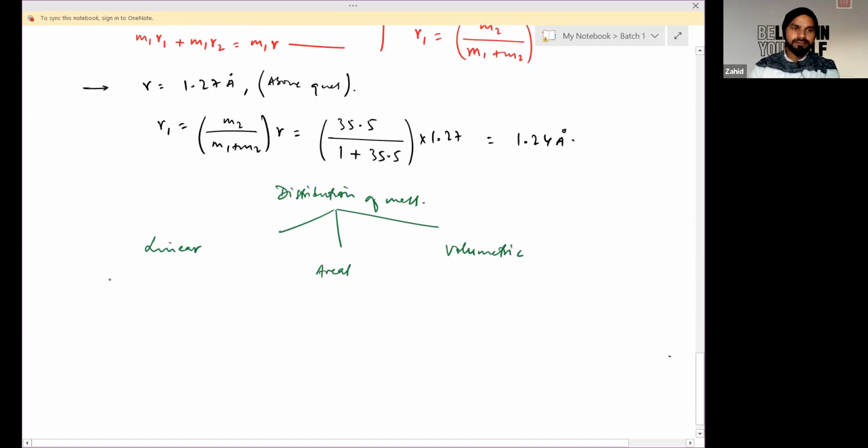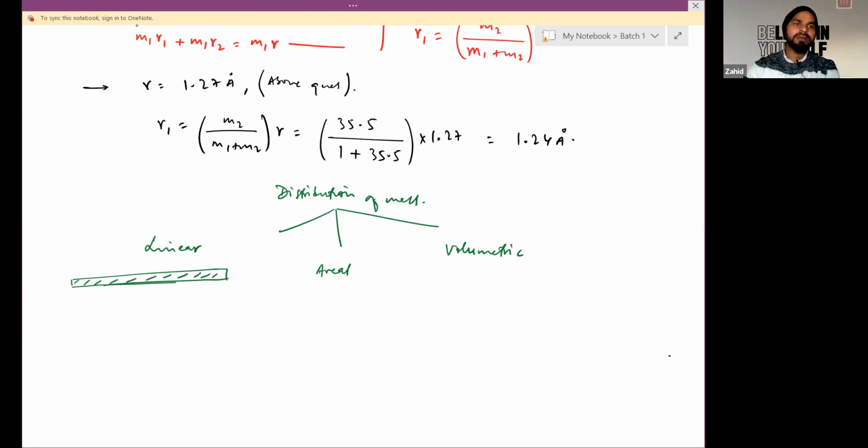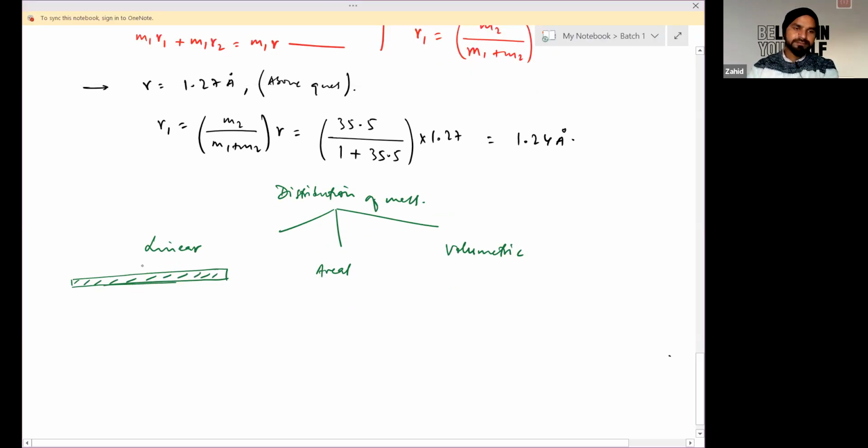Suppose you have a rod having some length L and having mass m. So if you cut a portion of it, let's say from this point to this point, we define a term lambda, which is linear mass density, and it equals total mass of rod divided by total length, and it will be small mass of rod divided by its small length.